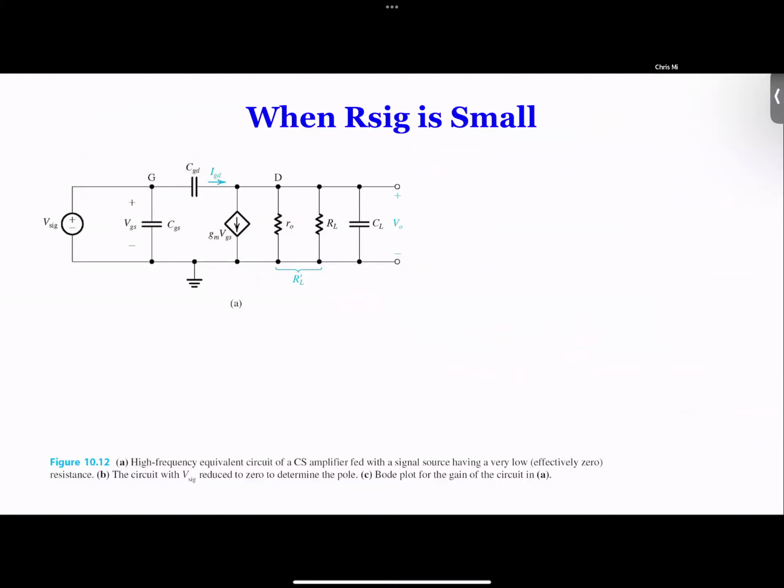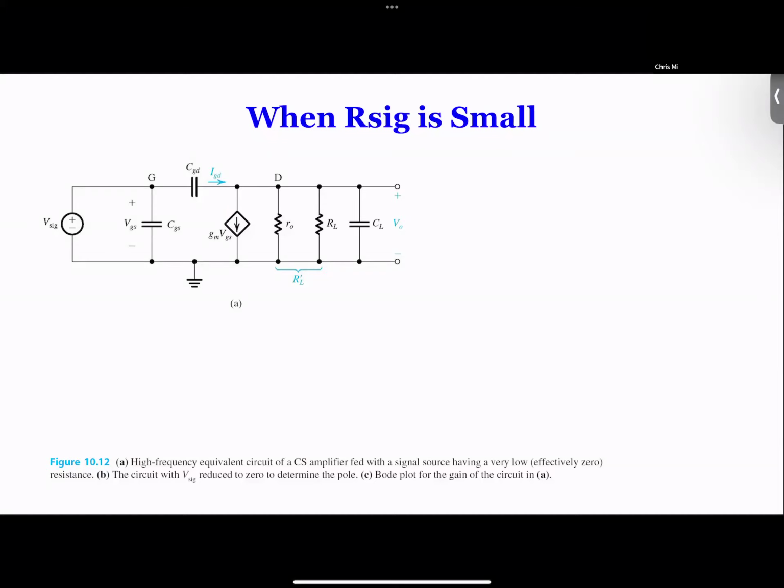You might ask, how small is small? Well, think about it. R pi is typically in the kilo ohms, like 2 to 5 kilo ohms. So if your internal resistance is in kilo ohms, it's comparable. But if your input resistance is 500 ohms, compared to 5 kilo ohms, that's relatively small, but not small enough to neglect.